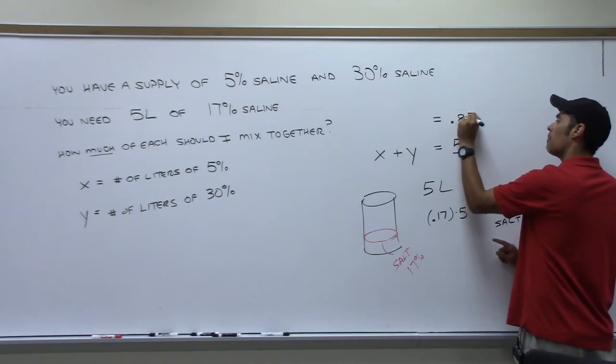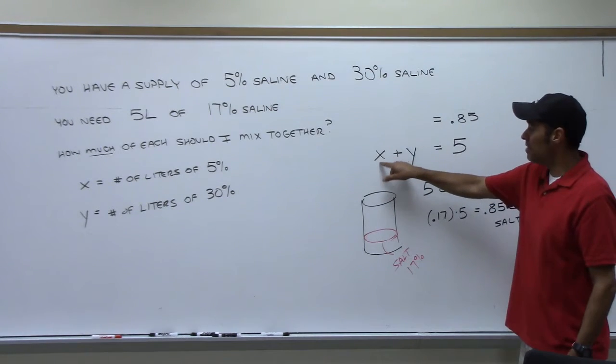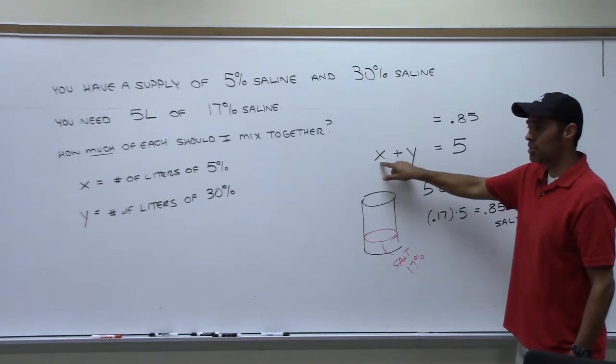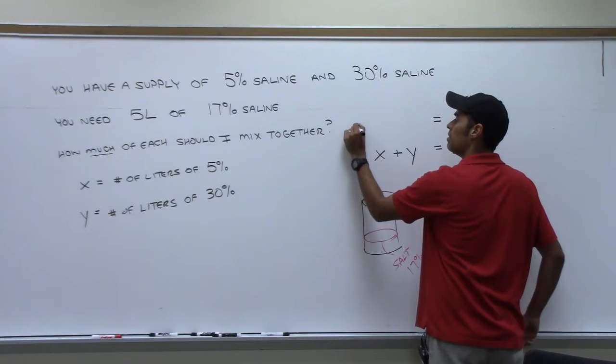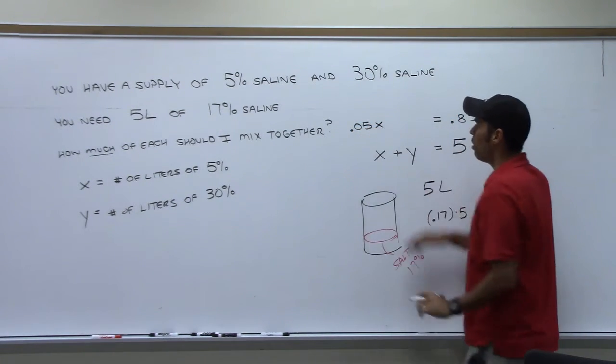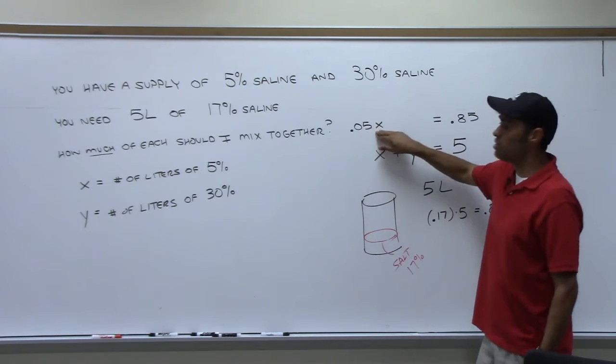0.85, right? Now, how much of this stuff will be salt? What's the percent on it? 5%, right? So I could put 0.05 times x. So however much of the x I put in, the 5% I put in, that's how much of it is salt.